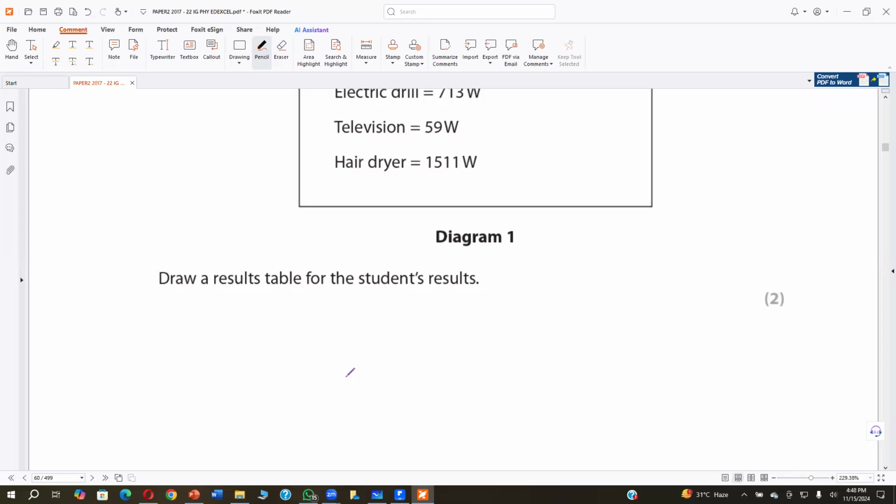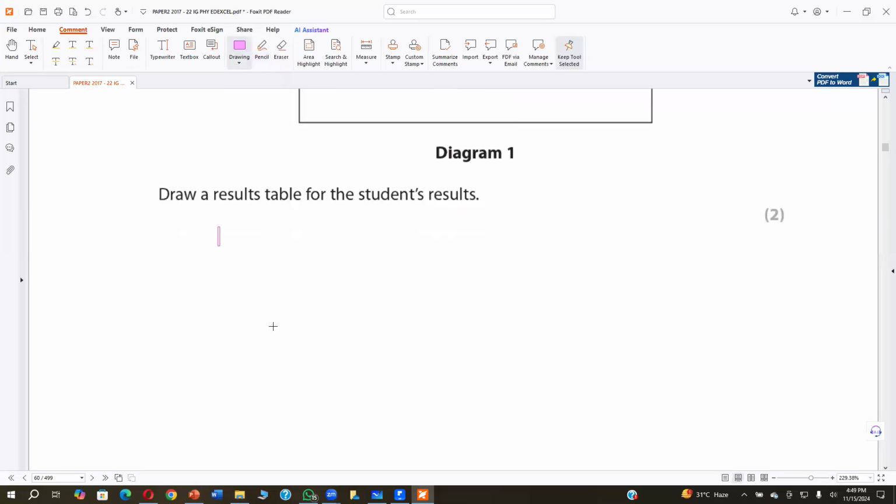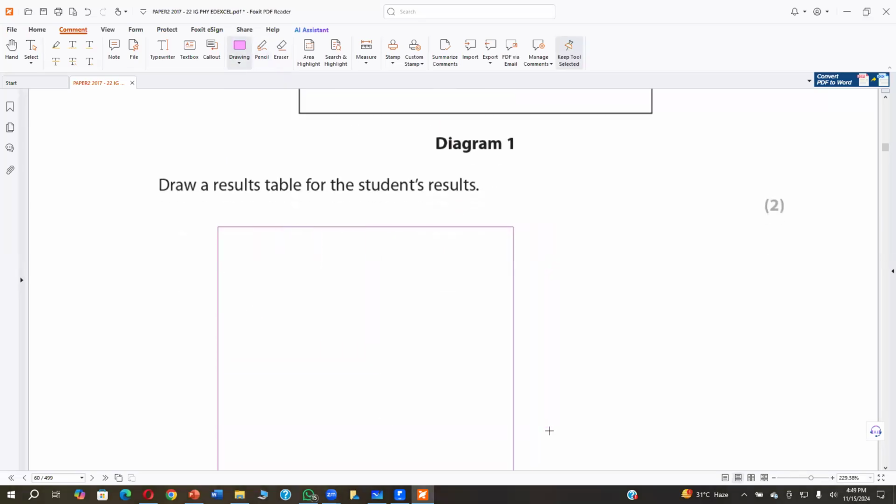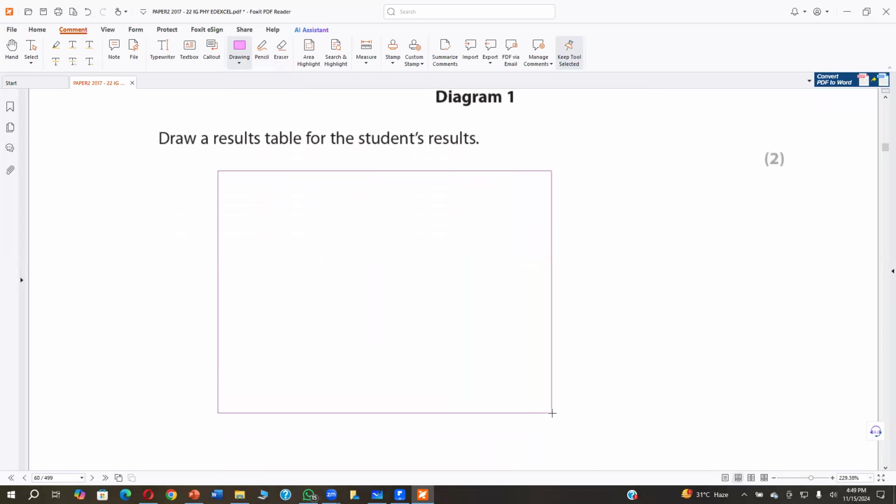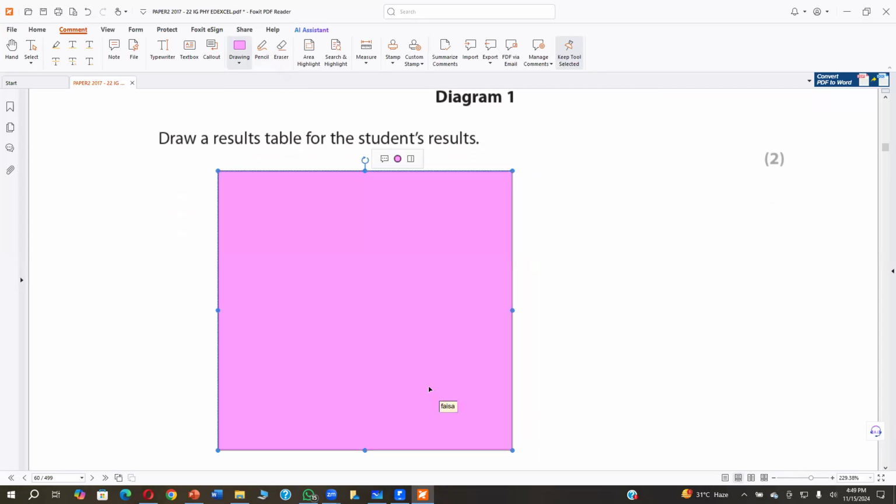So let's make a simple table. Please draw with me.